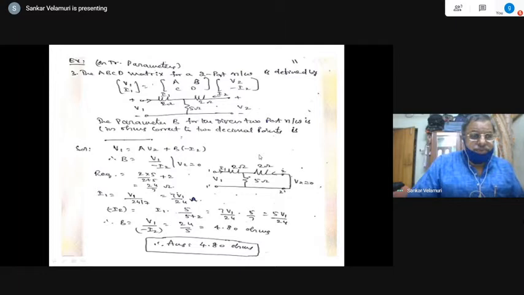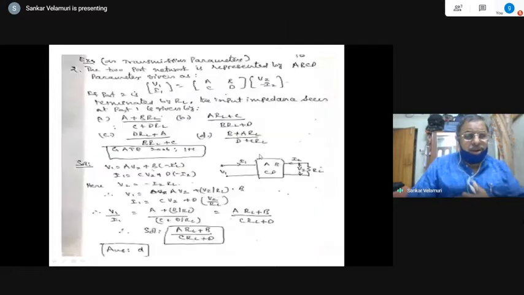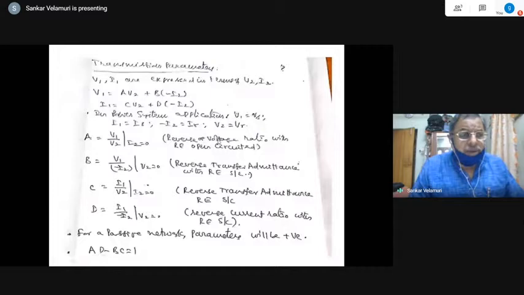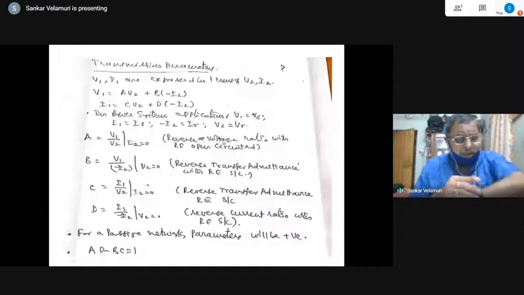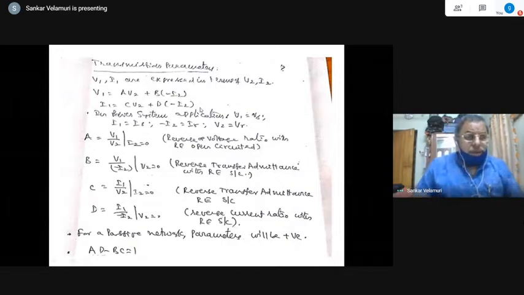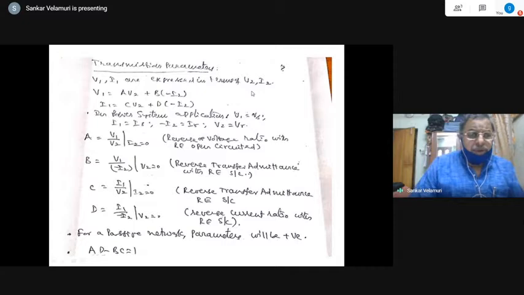Okay. So these are small but simple problems that have been taken for illustration, and this is the most typical problem. So I just quickly brush up in 1 or 2 minutes the transmission parameters. Then I will go to the hybrid parameters, where V1, I1 are expressed in terms of V2, I2.